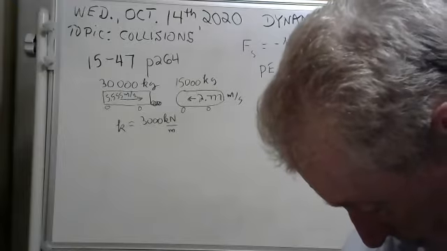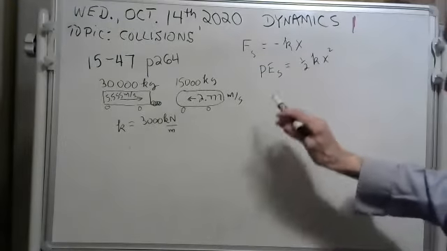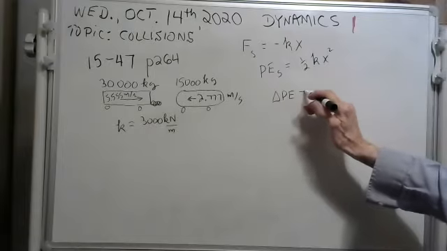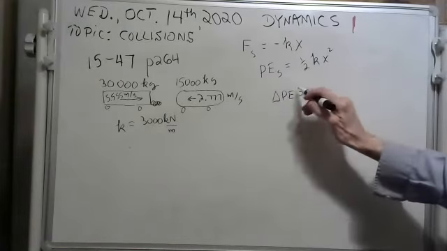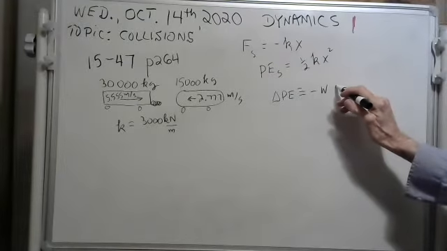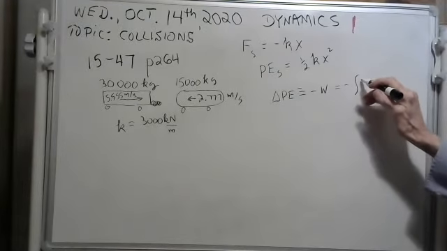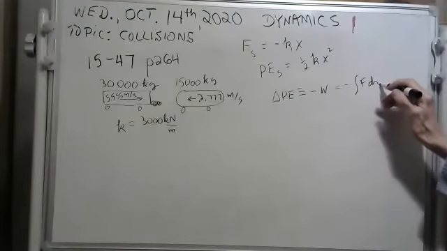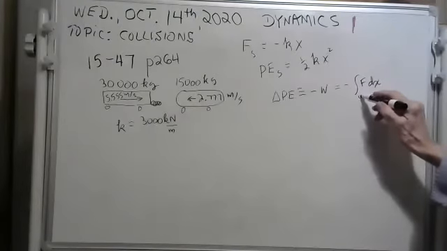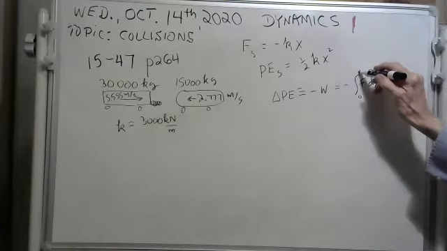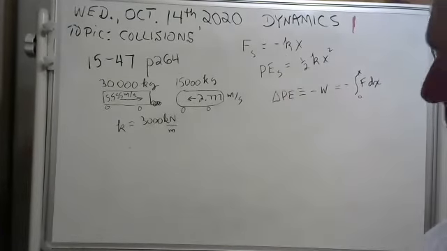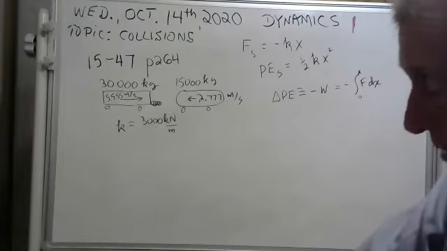Remember our equation? The change in potential energy is defined to equal negative of the work done, and the work done is the integral of F dx. I won't bore you by doing it again, but if you integrate this from 0 to x, you will get that. If you don't, let me know.